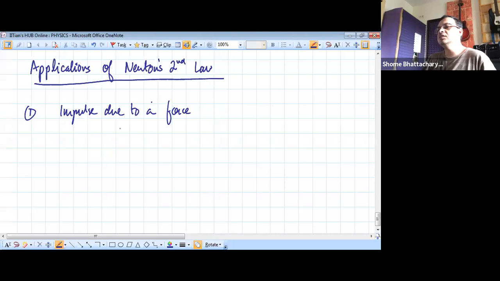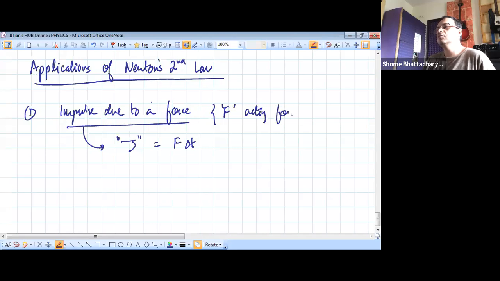The symbol that we use for impulse is J. Impulse is given by the symbol J, and it is defined as F delta T. So this is impulse due to a force F acting for a time delta T. So the impulse is just defined as force multiplied by the time for which the force acts, the duration for which the force acts.